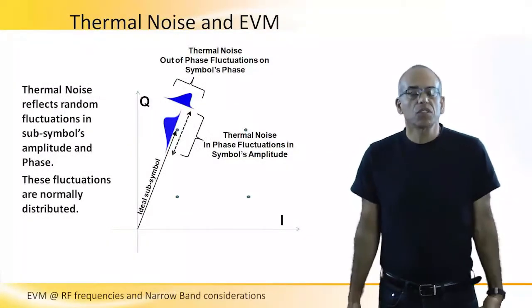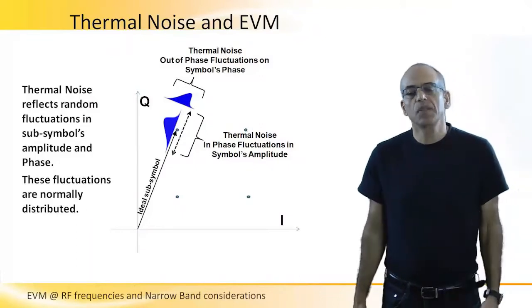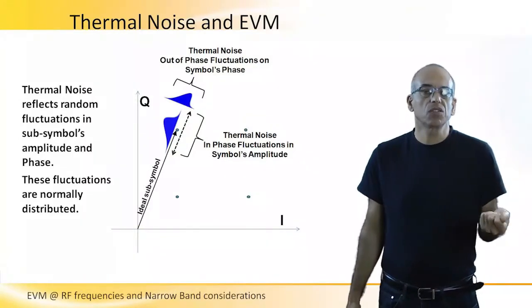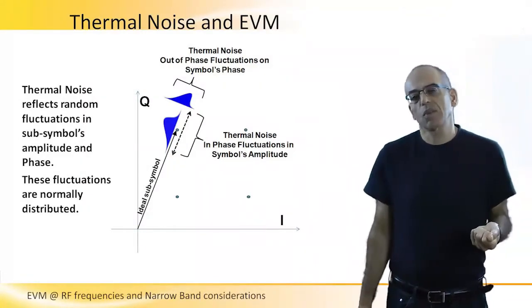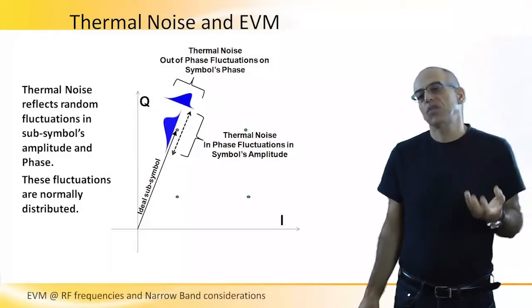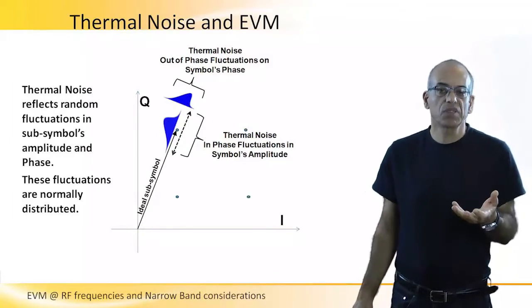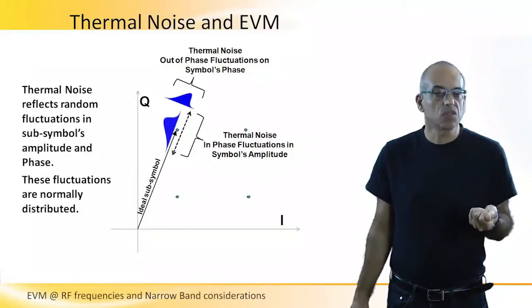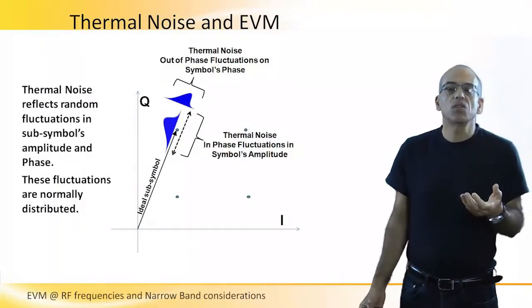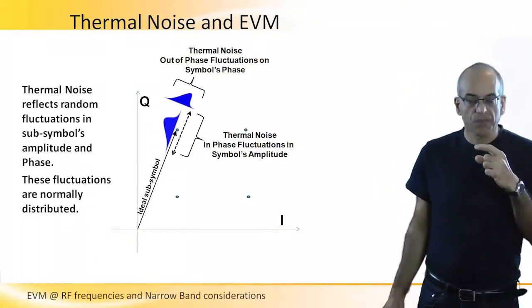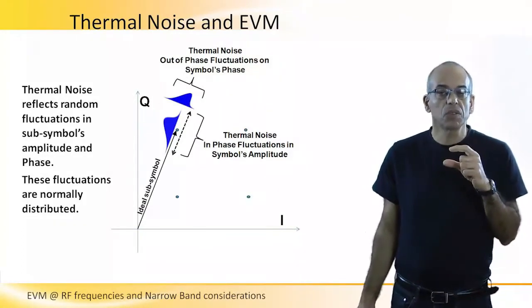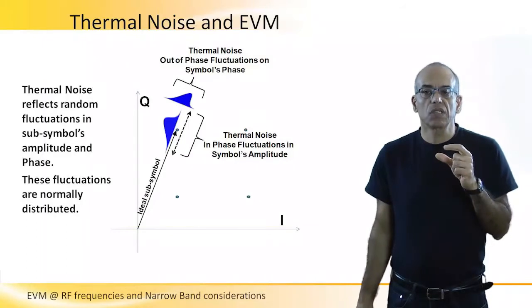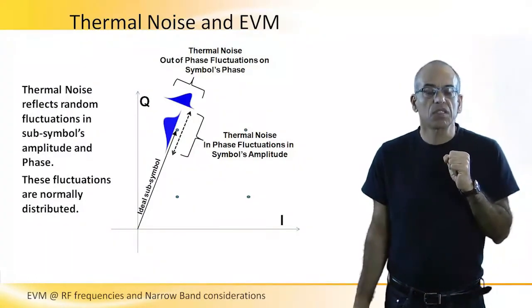Thermal noise is the first impairment that we will mention. Thermal noise appears in all systems, and it's a known impairment. We have talked about noise figure before. Of course, the representation in EVM of noise figure is also evident, as the thermal noise will create fluctuations around symbol amplitude, but also it will add noise that is fluctuating around the symbol's phase.